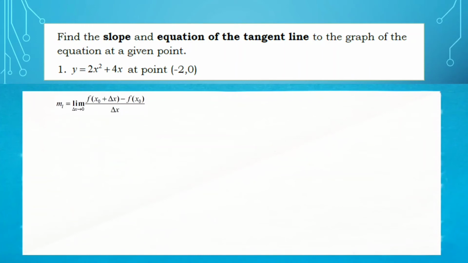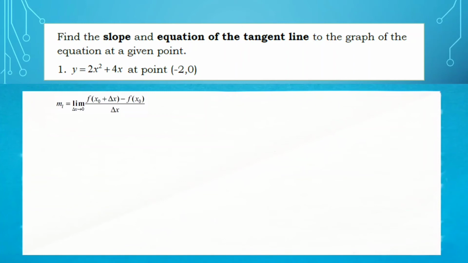First, write the formula and then identify the value of x, which is negative 2. We are now ready to substitute the value of x sub 0 in the given formula. That becomes m of negative 2.